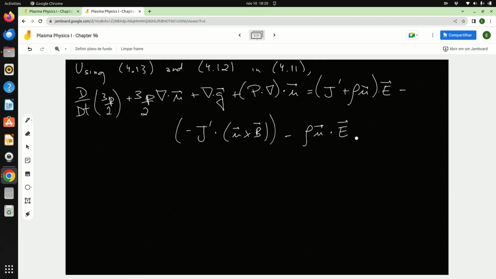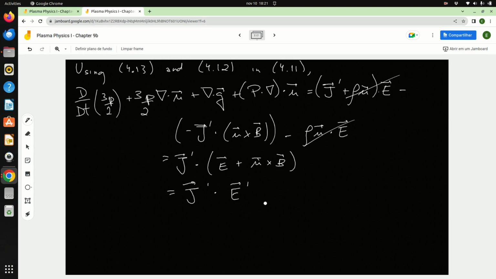And now it becomes clear why I have done this, because here I can just cancel this with this. And so we have simplified it to J prime dot (E plus u cross B), which we can call J prime dot E prime.